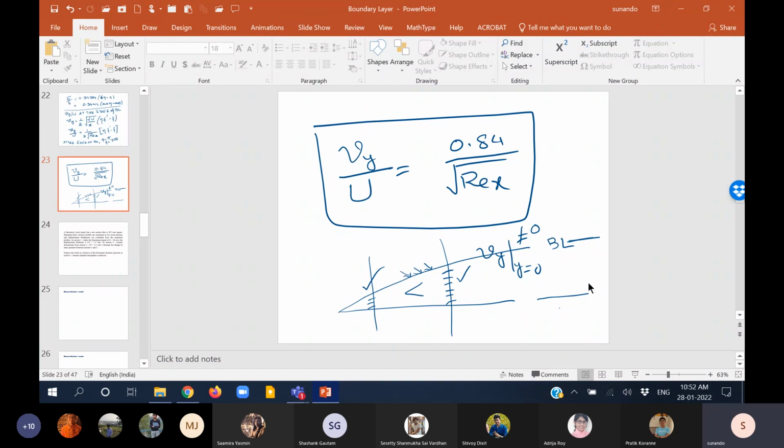Vy therefore is going to be a decreasing function of Reynolds number, which you see over here. But in order to maintain continuity, since the area increases drastically, at least in the initial part of the boundary layer growth, there has to be some flow from the bulk through the edge of the boundary layer into this stream. Otherwise, physically, you cannot have a situation in which you have more area.